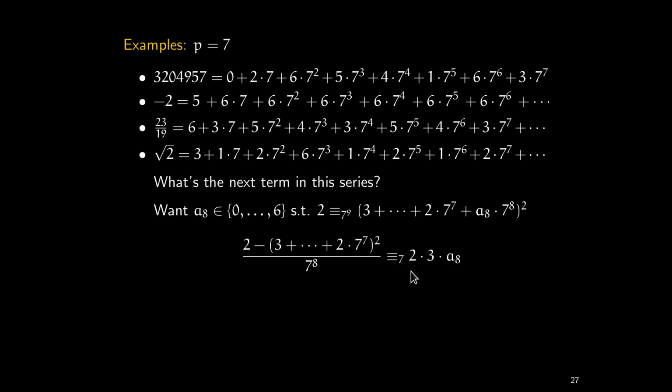If this is not 0, you divide by 6 mod 7, and then you get the A8, and this is the next term, and you can keep going forever. In this example, you will always get the 3 here, because the 3 is from the first, and the first is not going to change if you keep going on this side. So here you see, at least for this one, we can be sure that this extends indefinitely.